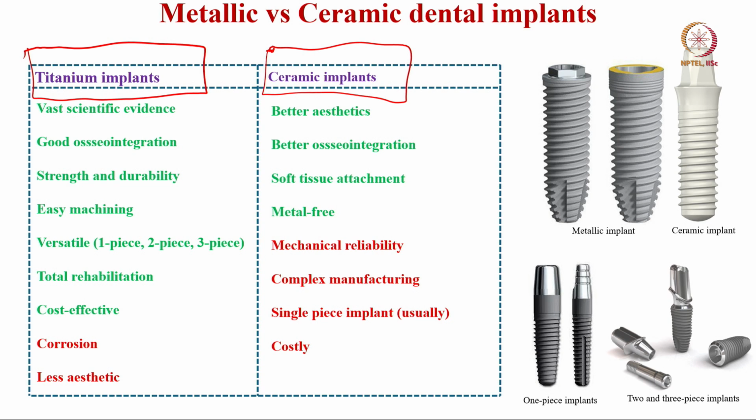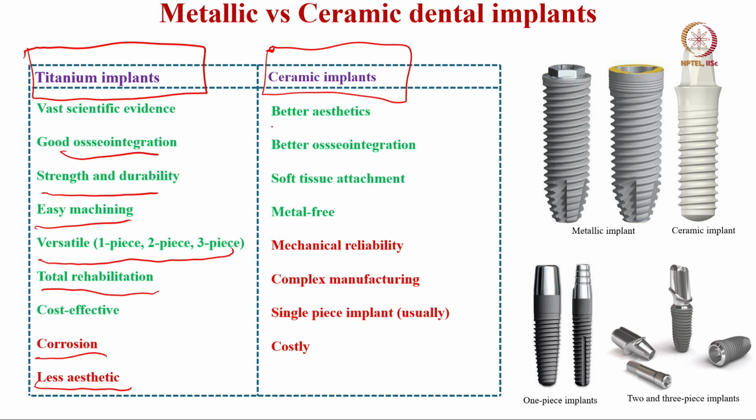For titanium implants, one of the main things is that there is vast scientific and clinical evidence for good osseointegration. It has good strength and durability properties. Easy machining, it can be done in conventional machining, it is versatile, available in 1 piece, 2 piece, 3 piece, total rehabilitation. Corrosion and less aesthetics are often challenges or issues.